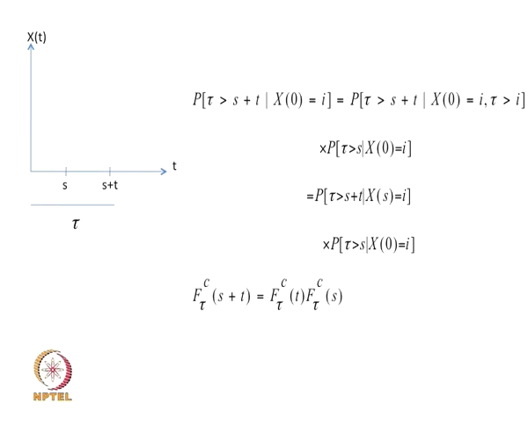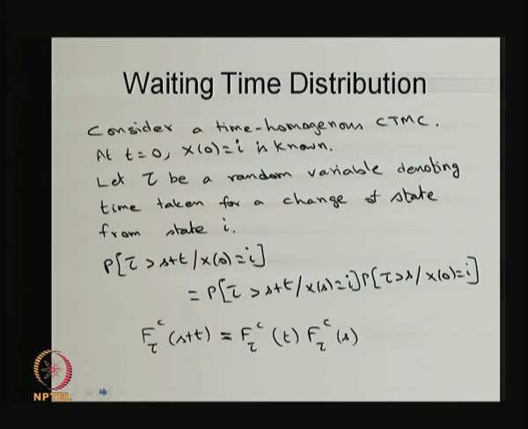If any distribution satisfies this complement CDF property, then we can find the distribution for the random variable tau. In this derivation we have used the time homogeneous property, the total probability rule, and the Markov property. Therefore, the complement CDF ends up satisfying this equation.